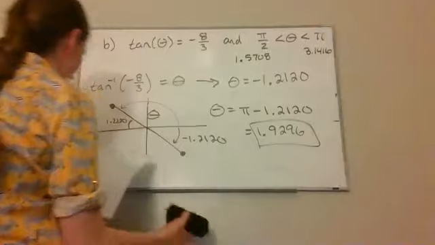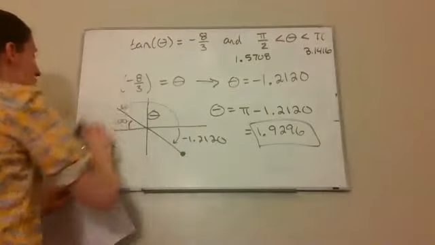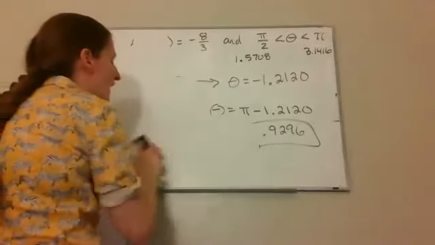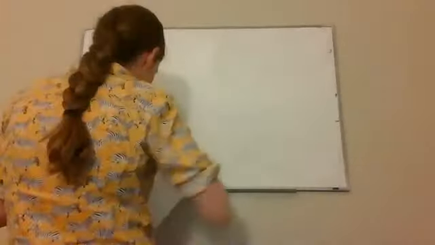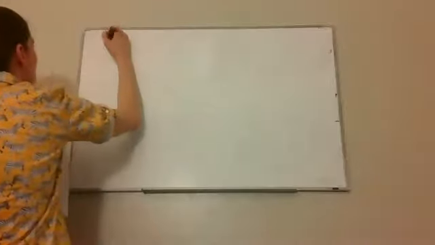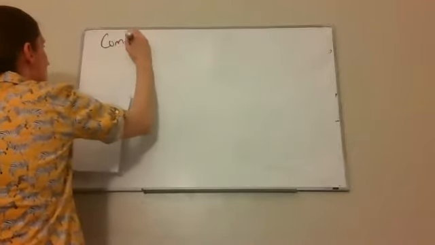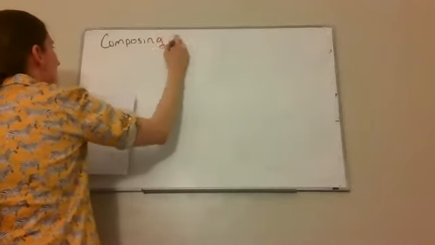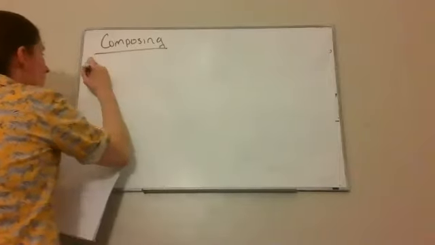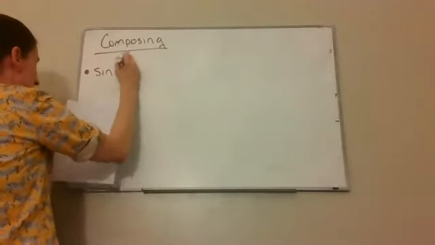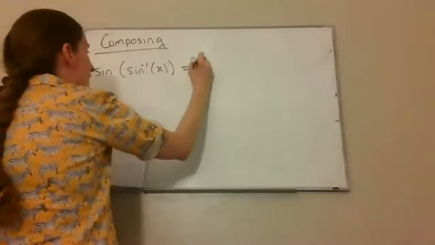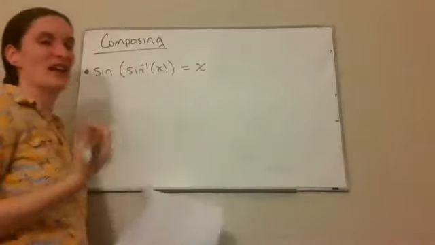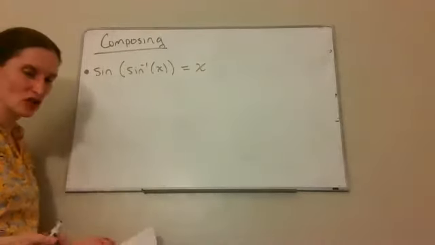All right, so now let's talk about what happens when we compose a trig function with its inverse trig function. Well, as you might expect, sine of sine inverse of x is going to be x because we have an inverse function relationship.